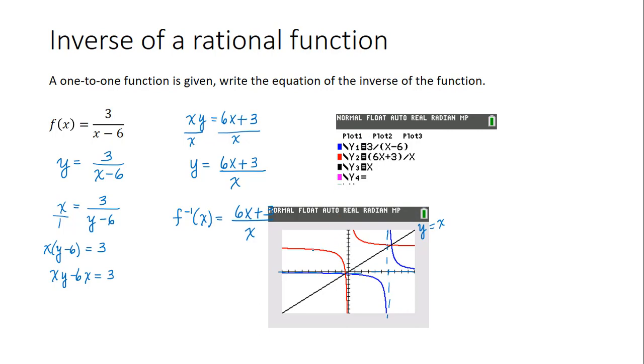Notice that that particular function has a horizontal asymptote at y equals 6 and a vertical asymptote at x equals 0. So even the horizontal and vertical asymptotes are interchanged in the inverse functions.